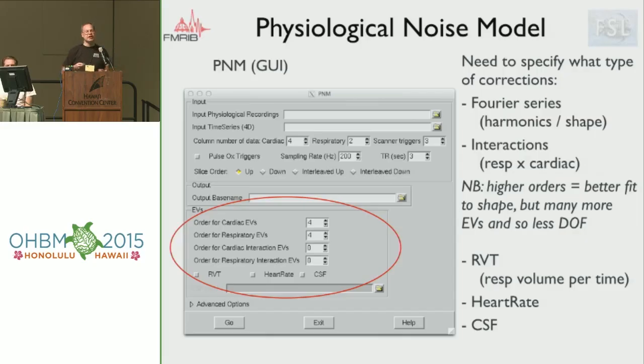It also does interactions between respiratory and cardiac, and we've found that can be particularly useful if you're looking at brainstem imaging or spinal cord imaging. Spinal cord imaging is hugely challenging, and these kinds of corrections are absolutely essential. But often in brainstem imaging they also buy you a lot, to do a good job of getting rid of the physiological noise.